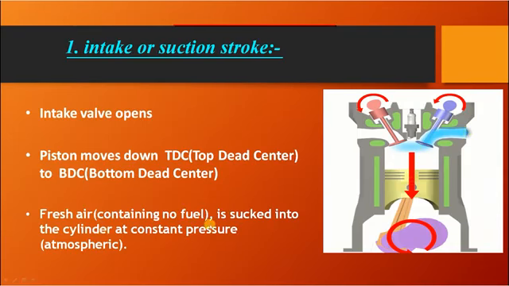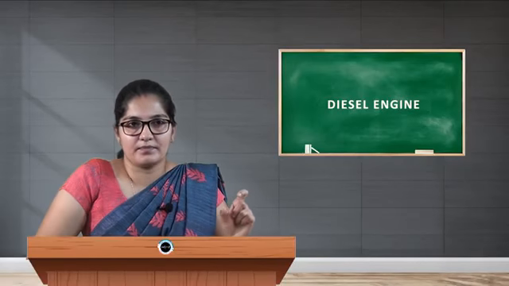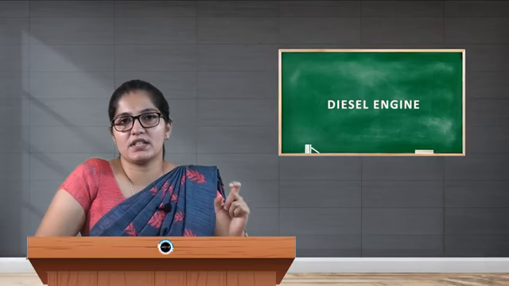The fresh air containing no fuel is sucked into the cylinder at constant pressure. In the intake stroke of a diesel engine, in the beginning only air is admitted into the chamber. Make a note. Whereas in the Otto engine, in the intake stroke itself, fuel as well as air is admitted into the cylinder. In the diesel engine, only air is admitted into the chamber.